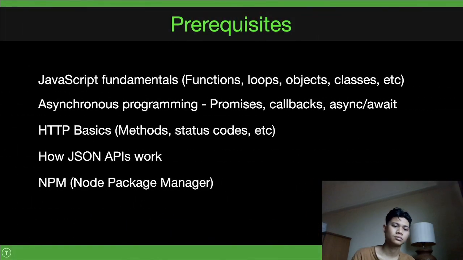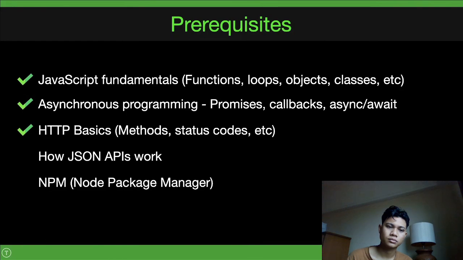Now, one common mistake that I see people do is jump to Node.js too quickly. Before learning Node.js, you should have a good understanding of JavaScript. So, of course, you should know all the fundamentals: variables, functions, loops, objects, classes. You should have a good understanding of that stuff, most definitely. Now, I'd also suggest that you understand asynchronous programming, so you should know things like callbacks, promises, the async await syntax.